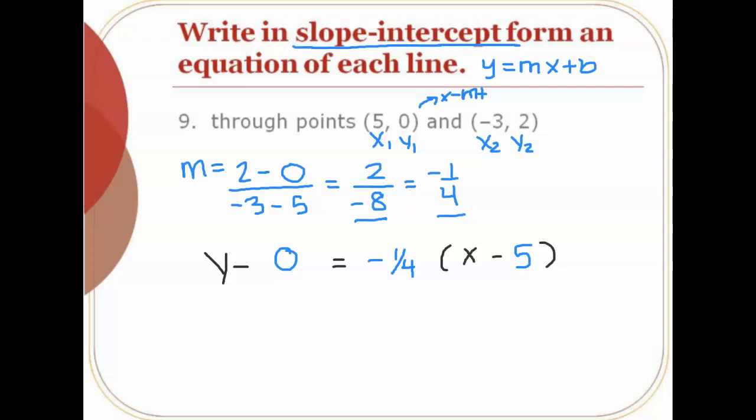This would also work if you used the point (2, negative 3). Your slope didn't change, but you could have used y2 and x2, and it would still simplify to the same answer.